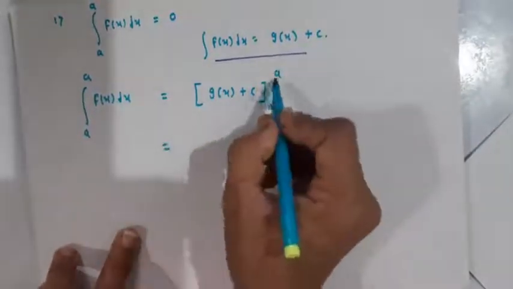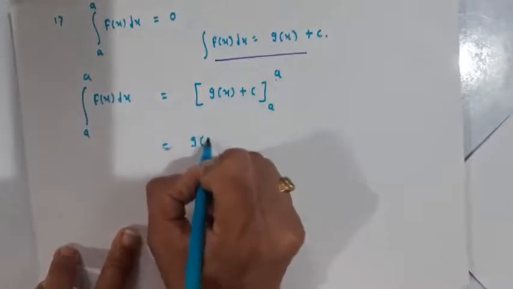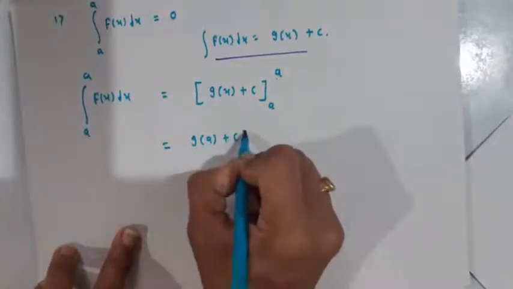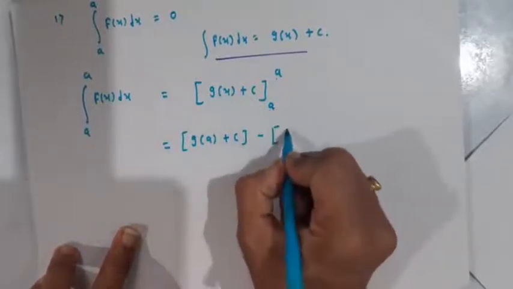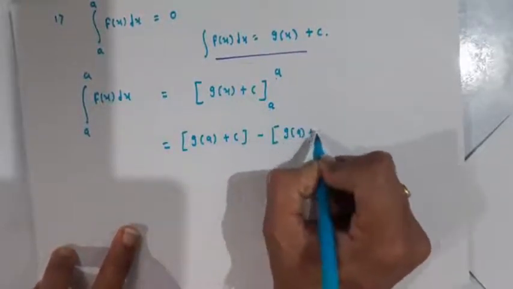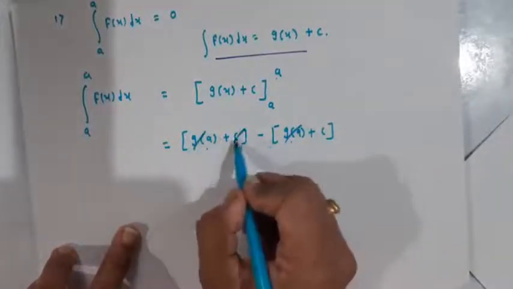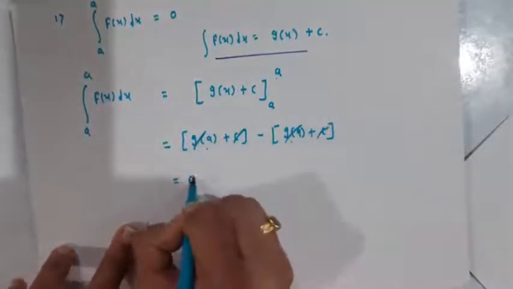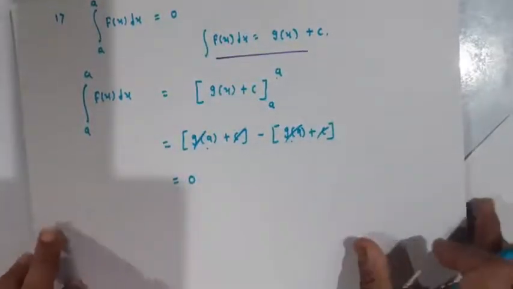Okay, so put the upper limit and the lower limit. The upper limit is a, that's why it is g of a plus c, minus the lower limit is also a, and that is g of a plus c. So students, g of a minus g of a get cancelled, plus c minus c get cancelled, and it is equal to 0. Hence the proof of the first property.